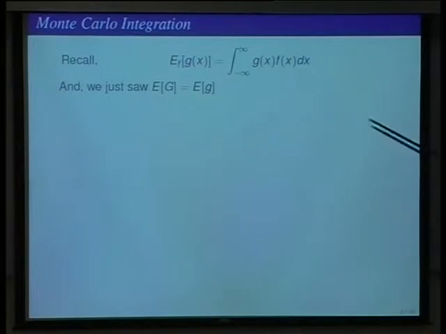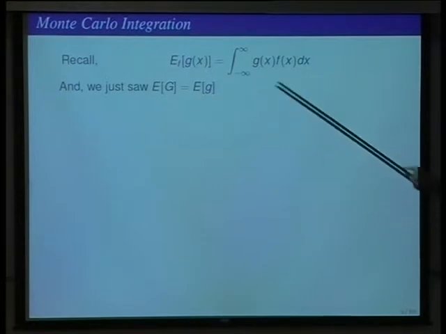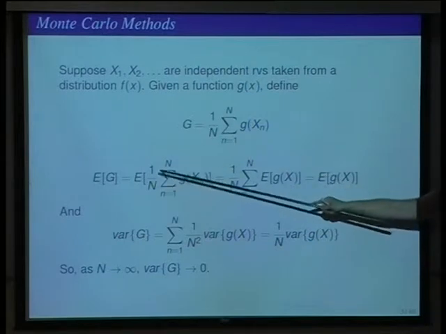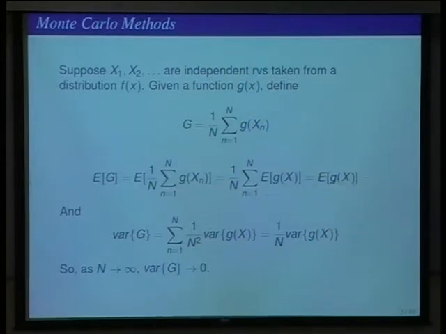Okay, so here's what I just wrote down, basically, that if I take the expectation of G with respect to x, it's just this integral. And we just saw previously that the expectation of the estimator is going to be the same as the expectation of G, which is the thing we want.